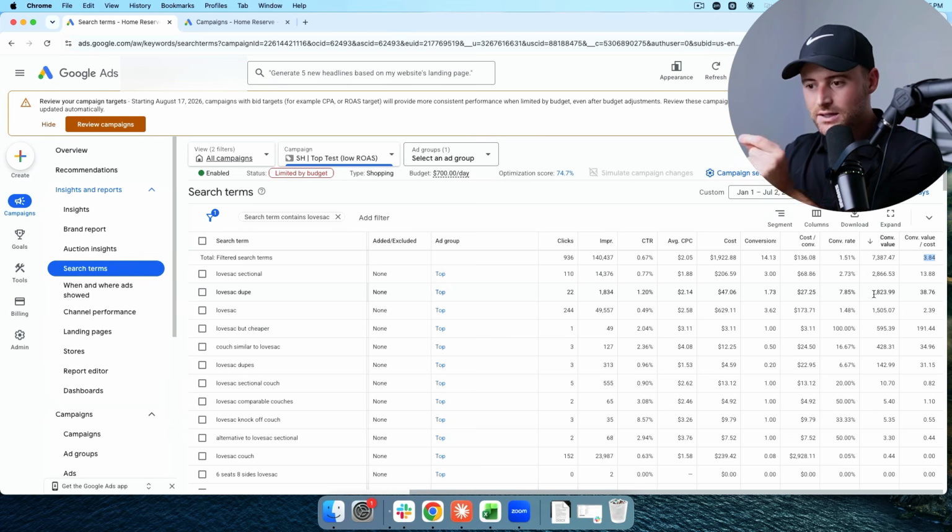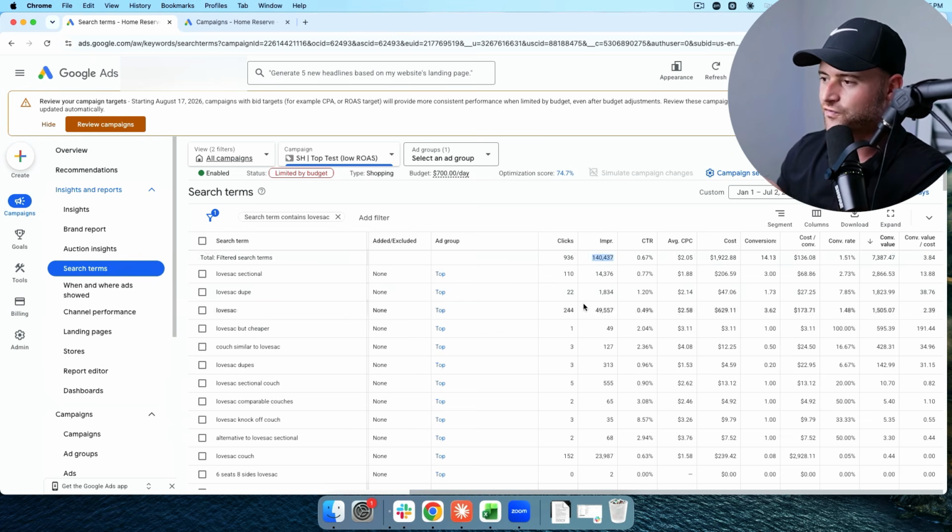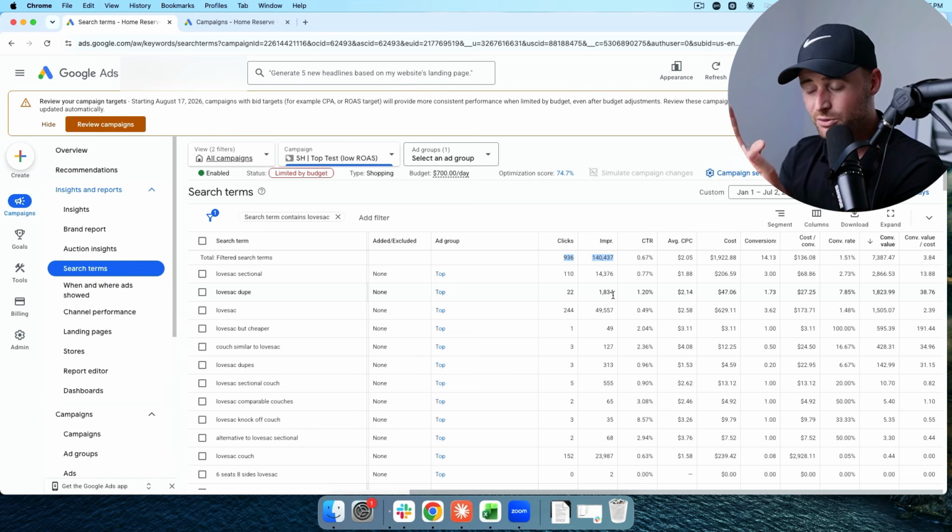And so of the Lovesac searches, the 140,000 impressions we were able to get this year, and out of that the 900-some clicks that we got, Google was only allowing us to be in a small sliver of people searching for Lovesac, because Google determined that these searchers looked to be like a converter to Home Reserve. So it was cherry-picking those auctions, even though from a best practice standpoint, this would be a competitor term, and usually you would want to add it as a negative keyword.